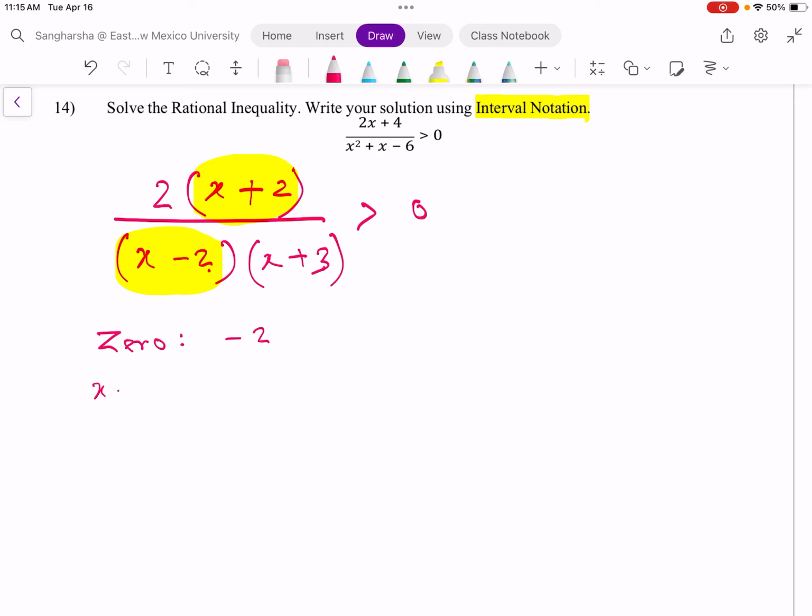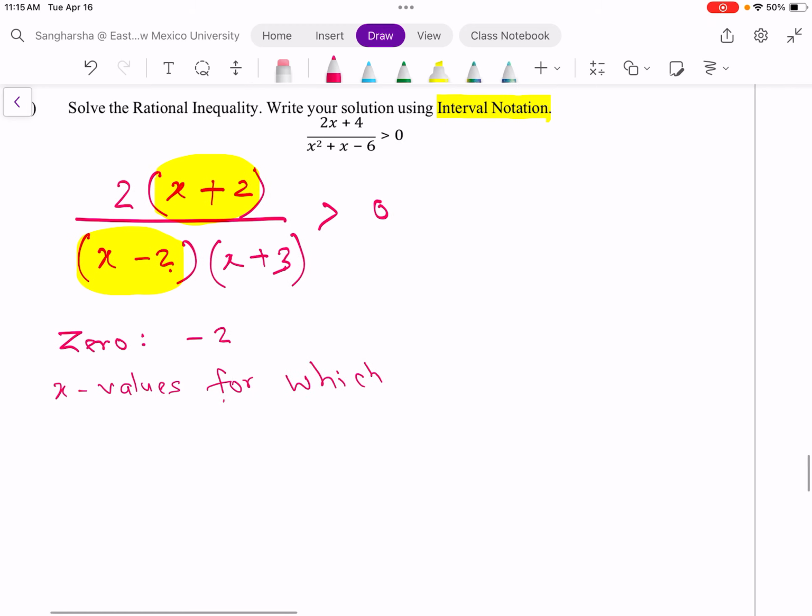Let me write an x value for which the denominator is 0. When we had a polynomial function, we didn't have this step.